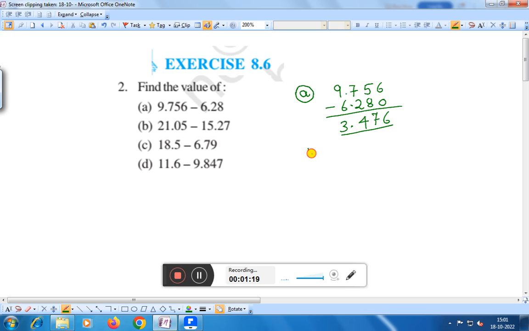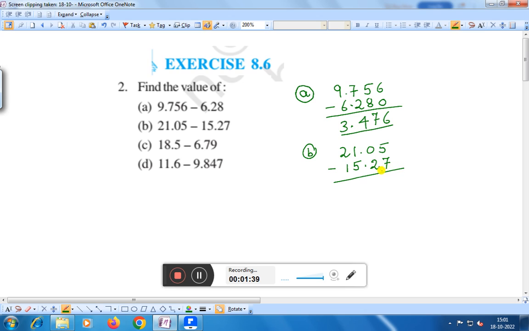Now question number B. Question number B is 21.05 minus 15.27.